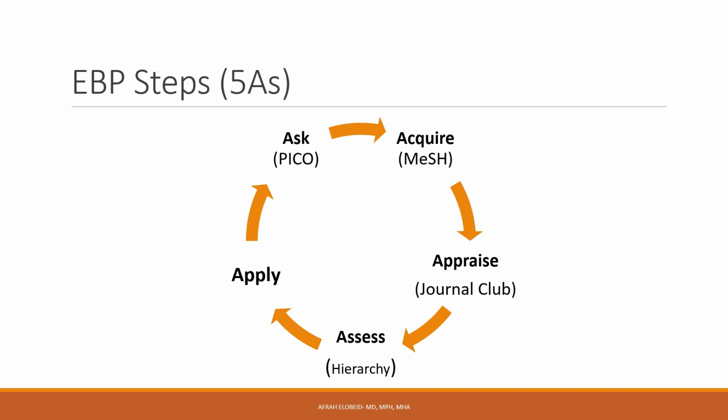And then we accumulate our sources and appraise them. We discussed that in our journal club presentation or clinical appraisal presentation. Here we critically evaluate the quality and relevance of the evidence that we got. And then we assess our evidence, and the assessment is discussed in the presentation of the evidence hierarchy.